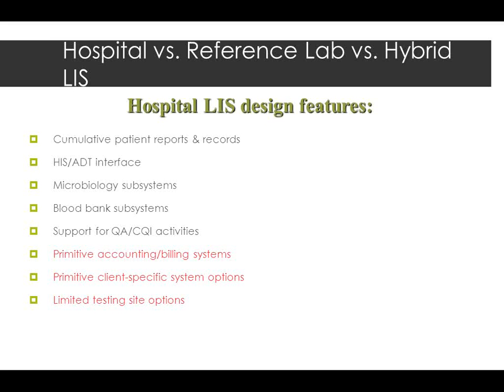We didn't really need client-specific system options because our client was the hospital. We really only had one client, or maybe the clinics associated with that hospital. So we didn't have to have a lot of flexibility in terms of client options. And we didn't really need multi-site options because it was typically the lab for that hospital.